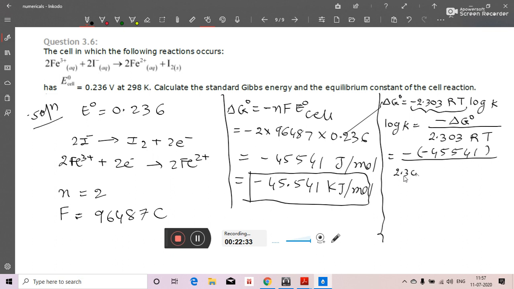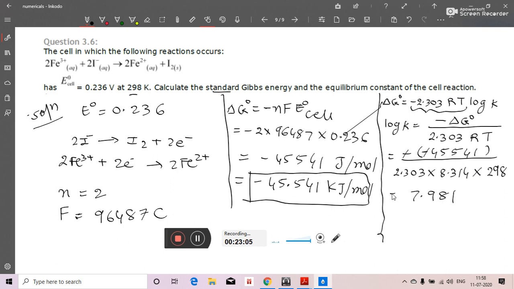Now delta G naught is taken in joule, so R will also be in joule, so the value of R in joule is 8.314 into, now capital T is the Kelvin temperature. Now here standard condition is there, temperature is 298 Kelvin. In the denominator we will write 298. Now here minus minus will be cancelled. So when you calculate this, our answer of log K is 7.981. So log K is 7.981.